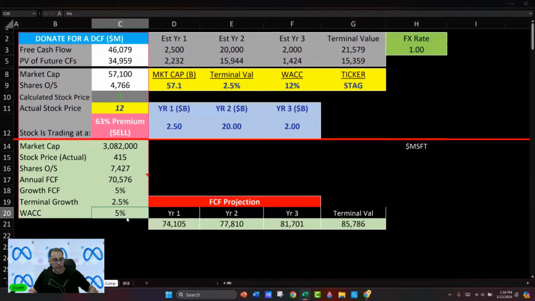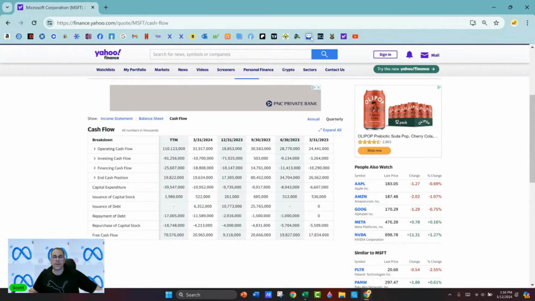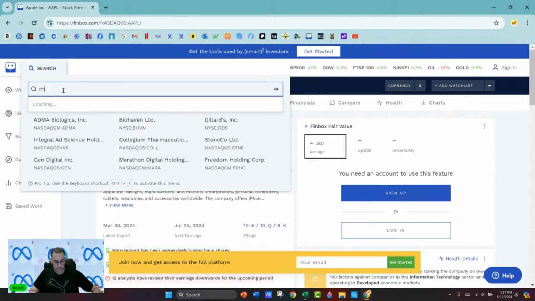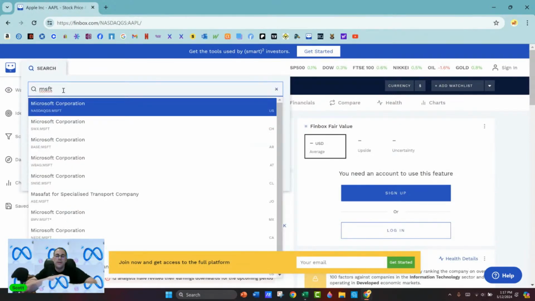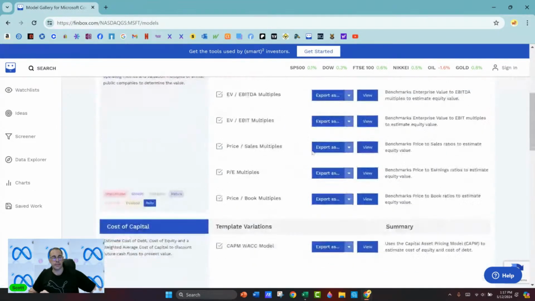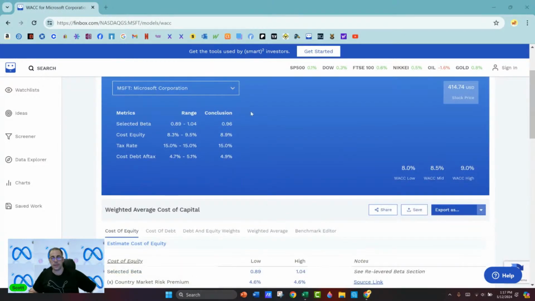And the WACC, there's a website called Finbox, and it's free. I don't pay for it. I think there's more features on Finbox you have to pay for, but what I just need is the WACC, and it's free. So you can just go to Finbox, search the ticker, go to models, cost of capital, and this is the WACC.